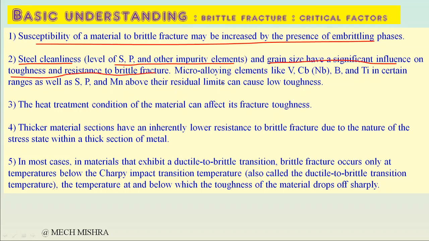Microalloying elements like vanadium, Nb, boron, titanium in certain ranges, as well as sulfur, phosphorus, manganese above their residual limit can cause low toughness. So if these are more than their limit, that will cause lower toughness.